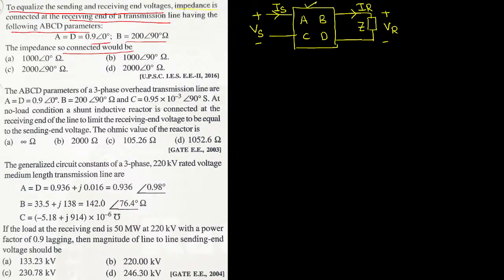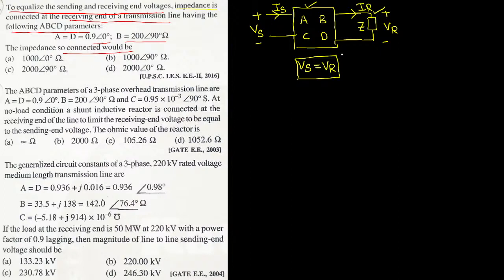If you observe the question carefully, to equalize the sending end voltage and the receiving end voltage, to bring VR equal to VS, they are connecting a certain amount of impedance at the receiving end.